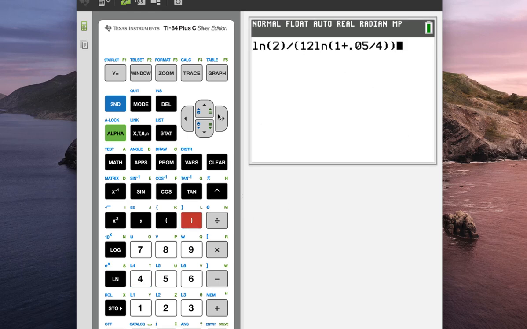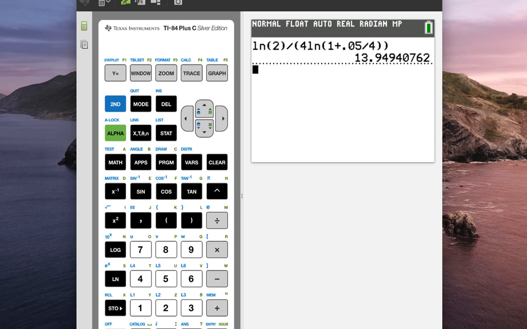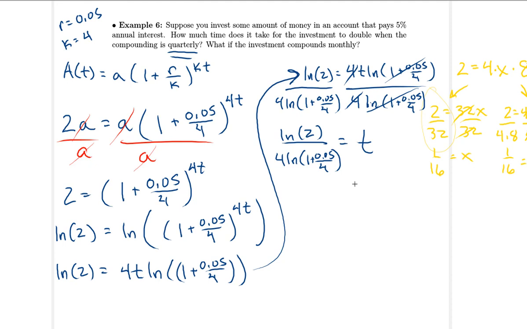Oh, excuse me, 12, where did that come from? I was looking at the wrong number. That should be a 4, correct? So 4 natural log of all that. We hit enter: 13.95 years.